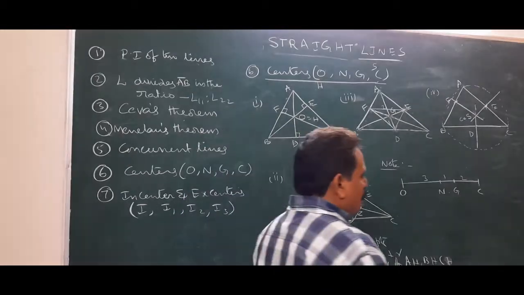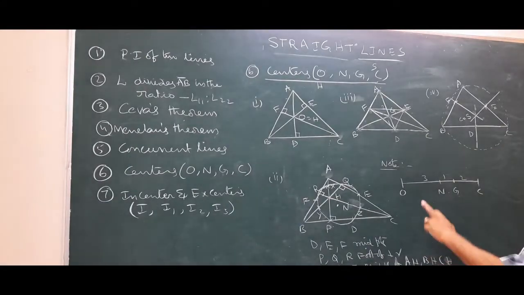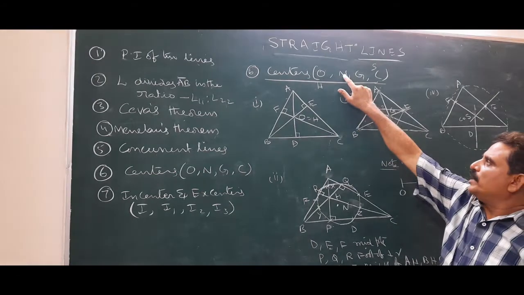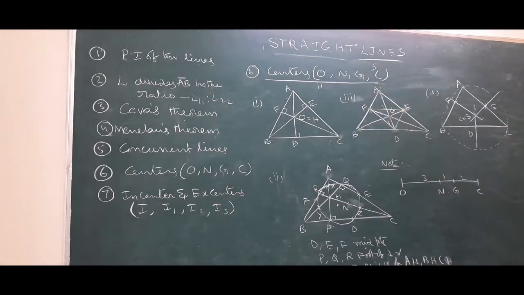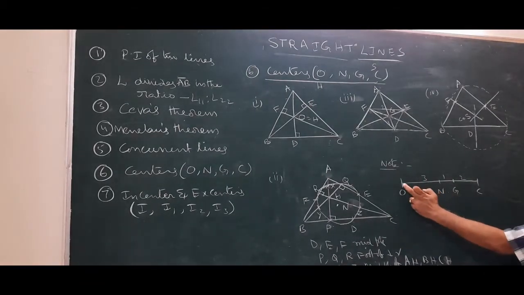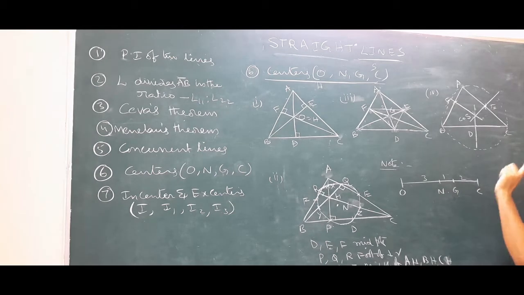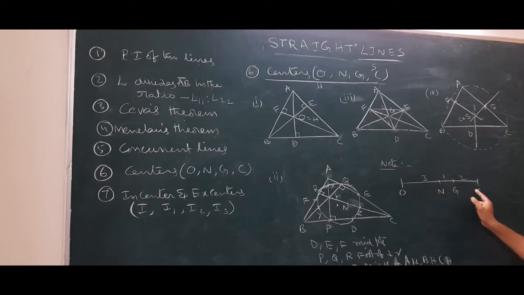Now come to one important note. These 4 points, orthocenter, 9-point circle center, centroid, circumcenter, are collinear. Definitely, in any triangle, these 4 points are collinear. And the ratio, you have to remember, follows the ONGC order as well as 3-1-2.